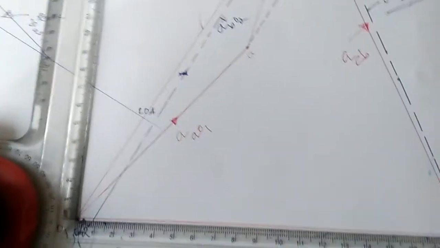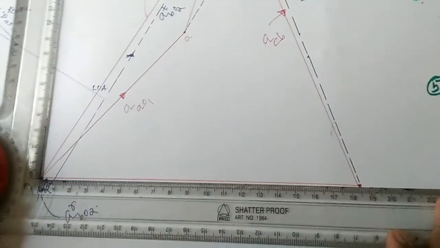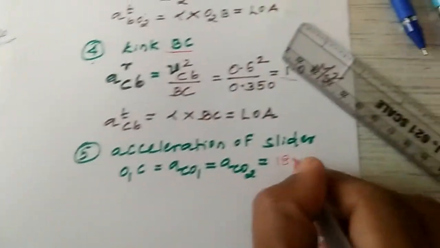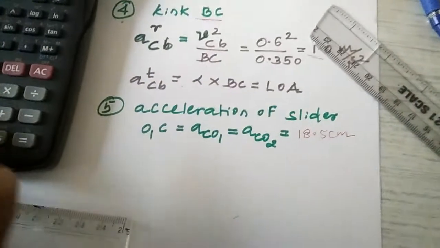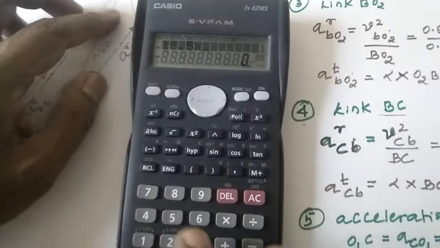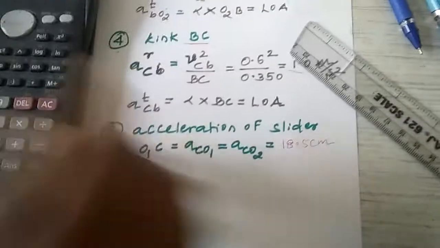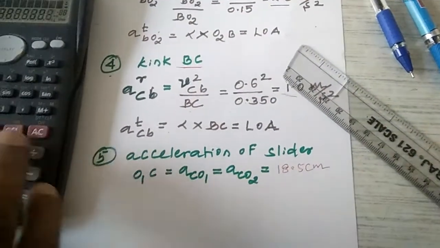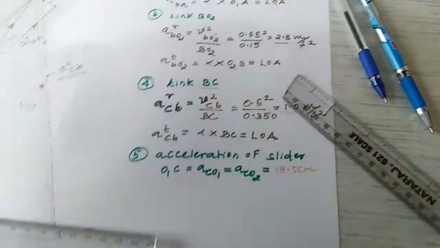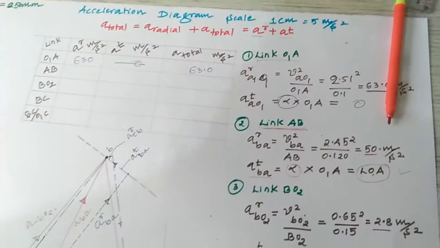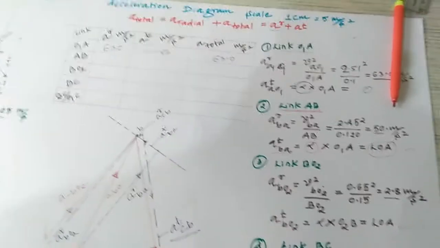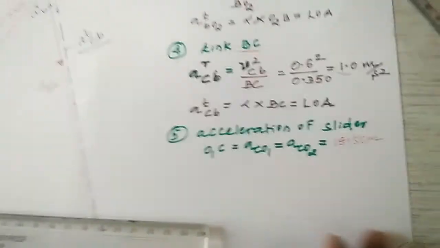How much does it come to? This is 18.5 centimeter. 18.5 centimeter means you have to multiply: 18.5 into 5 comes to nearer to 92.